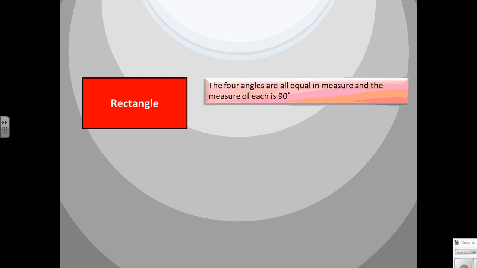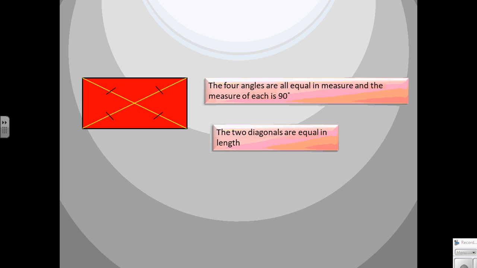Like what? The first property: the four angles are all equal in measure, and the measure of each is 90 degrees. The second property: the two diagonals are equal in length.